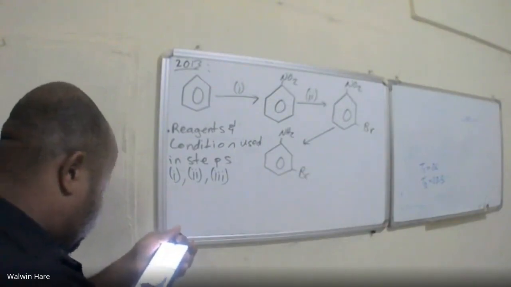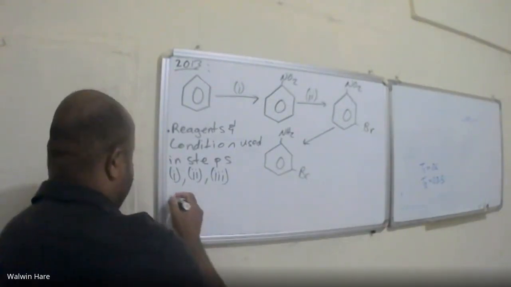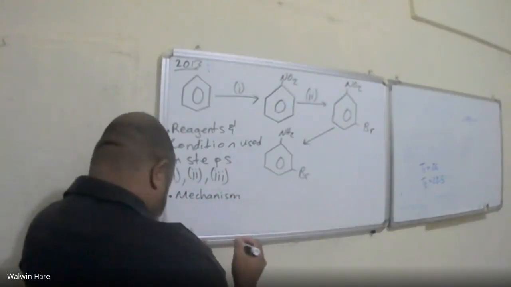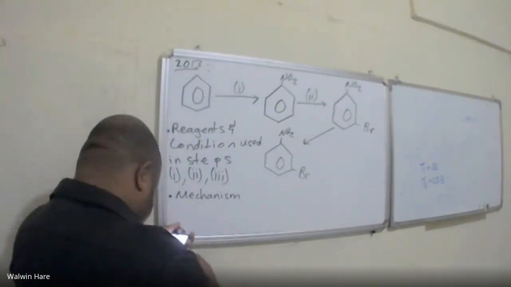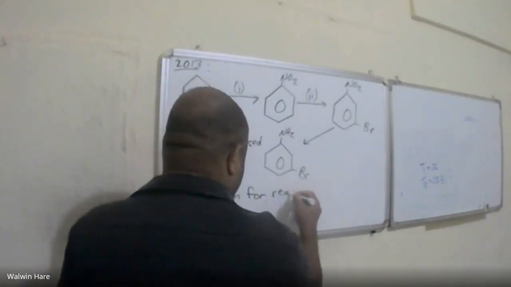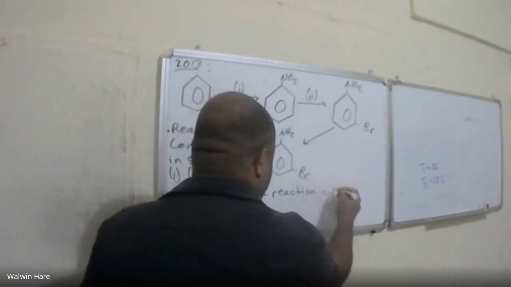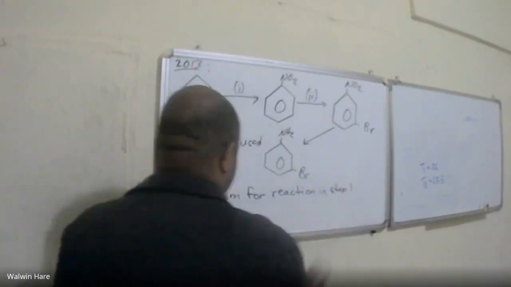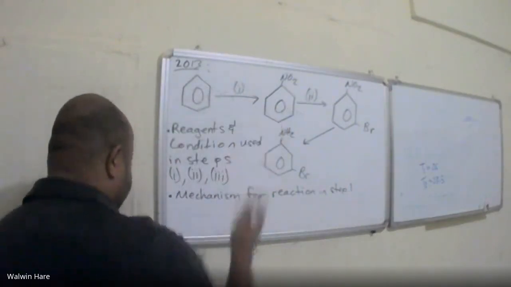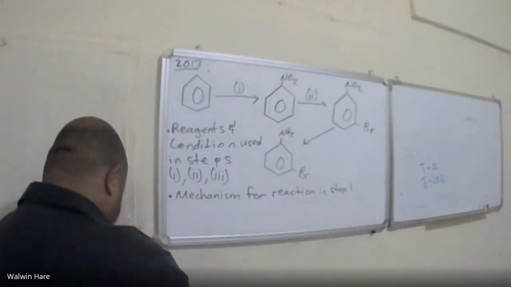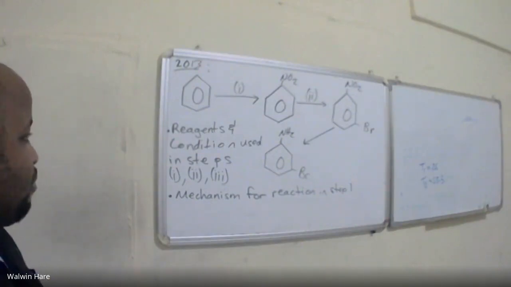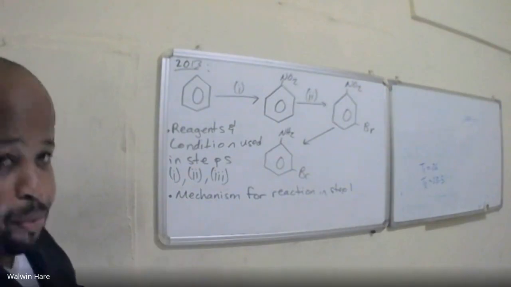That's 3 marks. And then they want the mechanism for the reaction in step one, which is from benzene to nitrobenzene. I'll just give a little time to process this. So 4 minutes. Just take a little time to process and then we'll work.